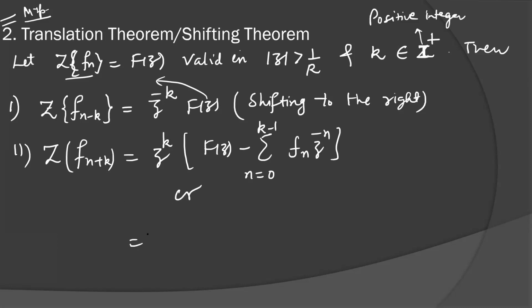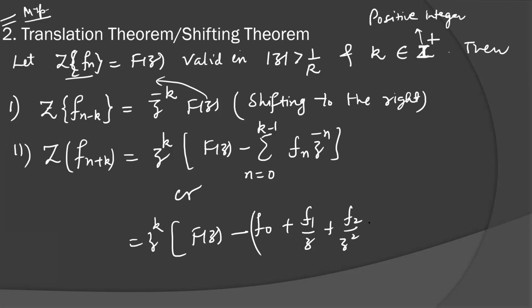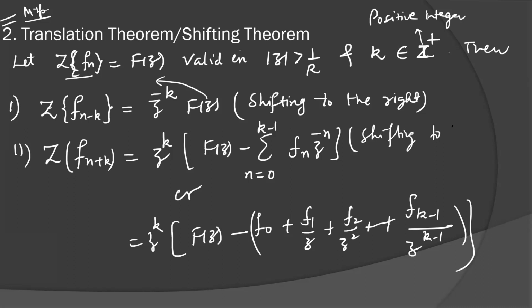Or you can write z to the power k Fz minus, if you expand sigma, f0 plus f1 by z plus f2 by z square up to fk minus 1 over z to the power k minus 1. So this is the generalized form. This is called shifting to the left. So these are two translation or shifting theorems here.